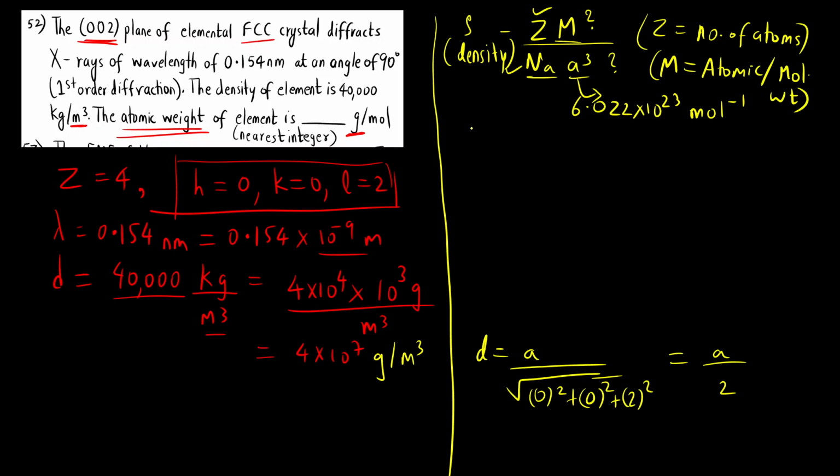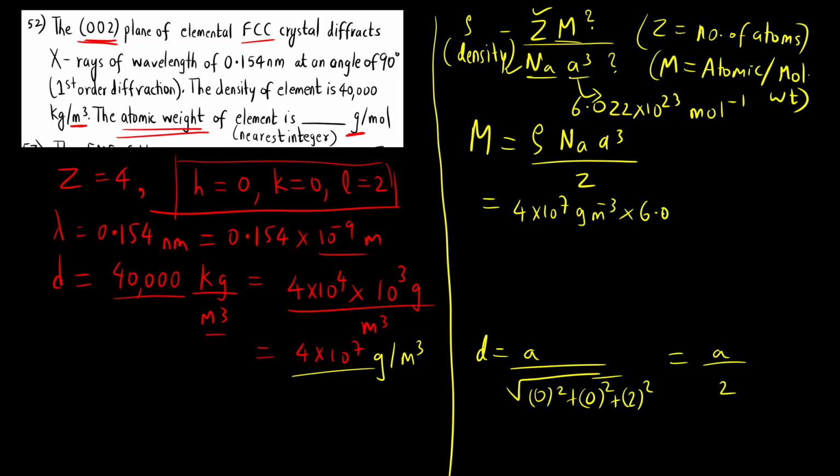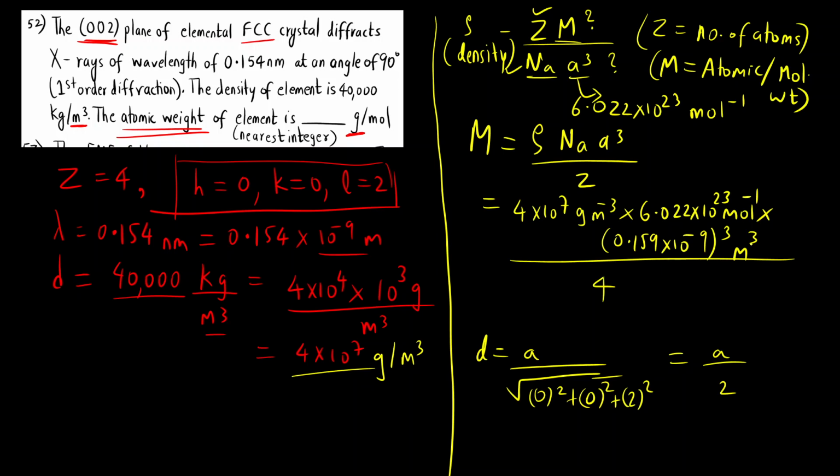We want the value of M. So we will rearrange: M is density into Na into A cube divided by Z. Density is 4 into 10 raised to 7 gram per meter cube, into Avogadro number 6.022 into 10 raised to 23 mole inverse, into A cube, which is 0.159 into 10 raised to minus 9, the whole cube, meter cube, divided by Z is 4, that is unitless.